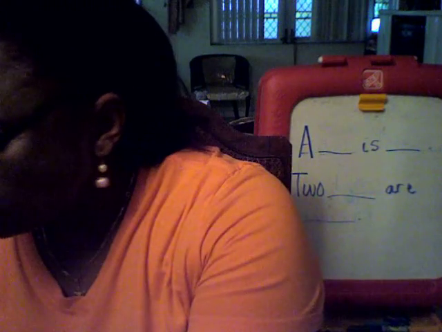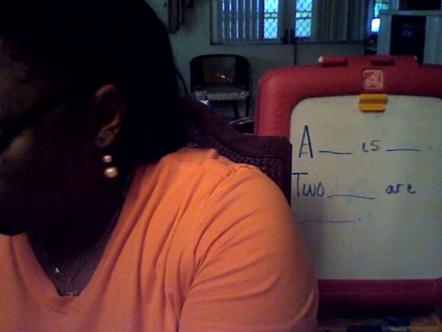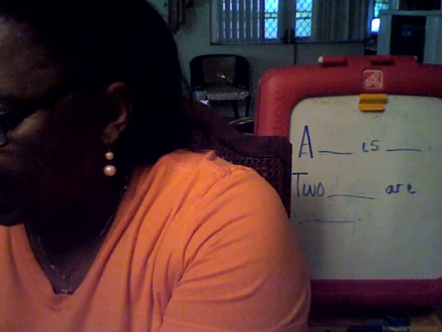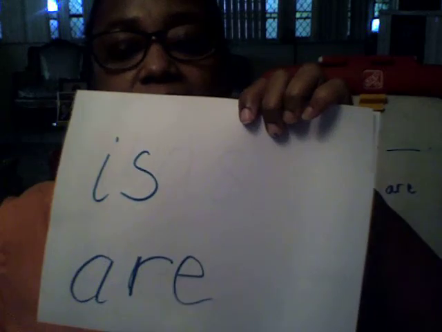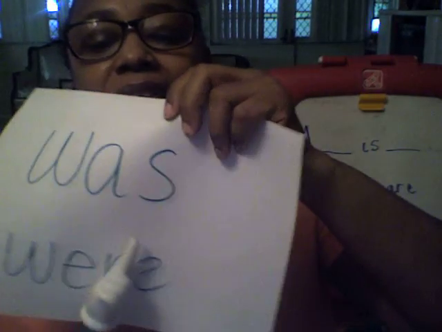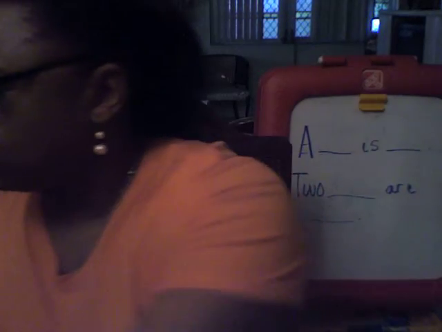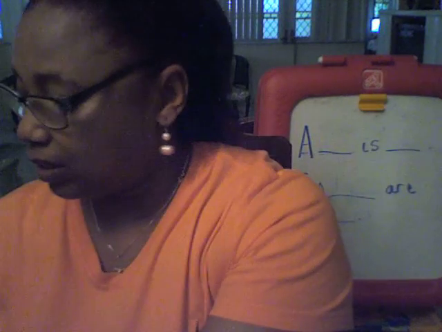So let's look at it. So here we're looking at is and are, and we're looking at was and were. Okay? So one tells the present and one tells the past. So let's look at this sentence here.